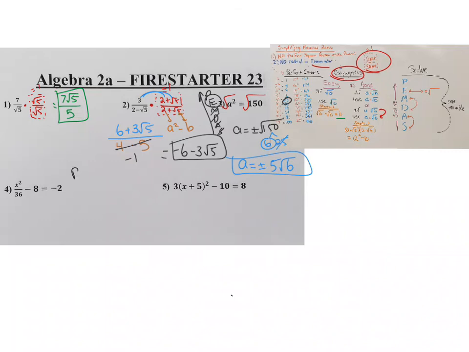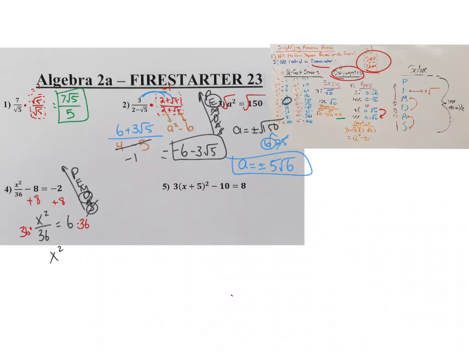Next one, number 4, first thing I do, PEMDAS backwards in case I'm lost. I see subtraction. That's why the first thing I do is I add 8 to both sides. I'm left with x squared all over 36 equals 6. Now, subtraction's gone. There is no addition. There is division. That's why the next thing I do is I multiply by 36. So I multiply both sides by 36.